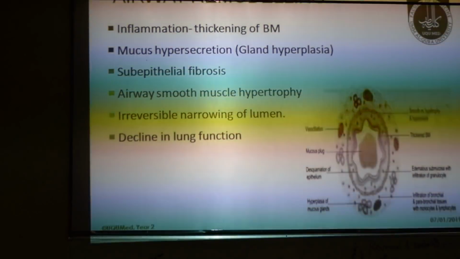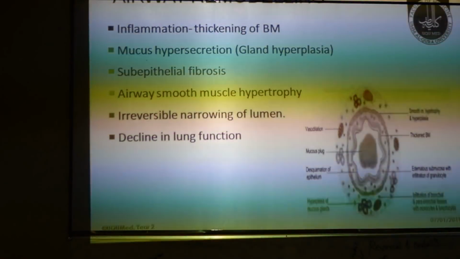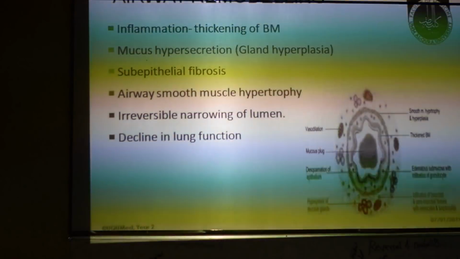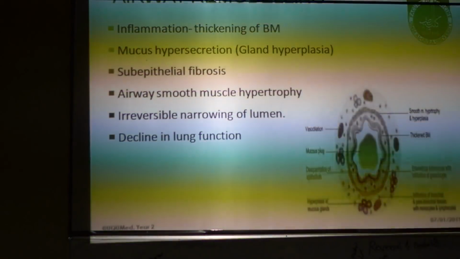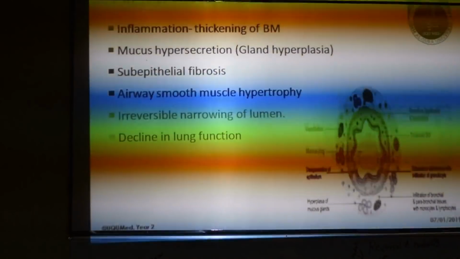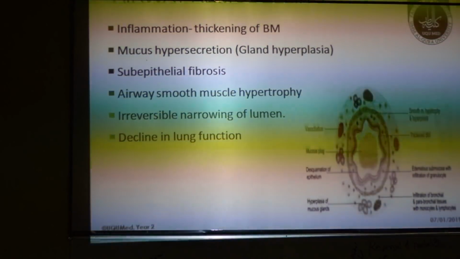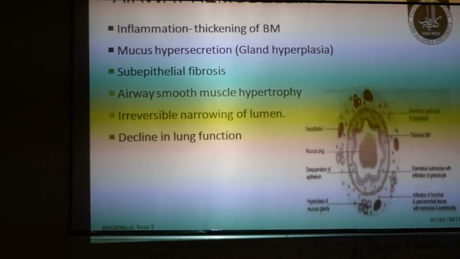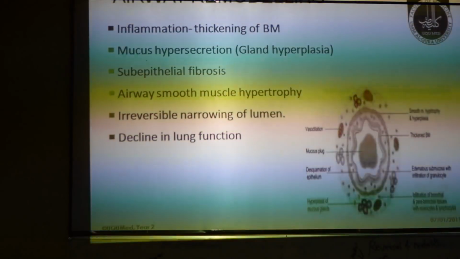Subepithelial fibrosis: when the cells are there, more repair will take place, and fibrous tissue is going to replace the normal functioning tissue. And with time, the smooth muscles that contract and relax are going to become hypertrophied; their sizes are going to be increased. And then irreversible narrowing of the lumen. At this point of time, the narrowing cannot be reversed. And finally, there is decline in the lung function.